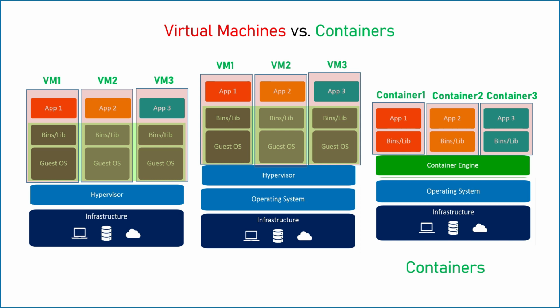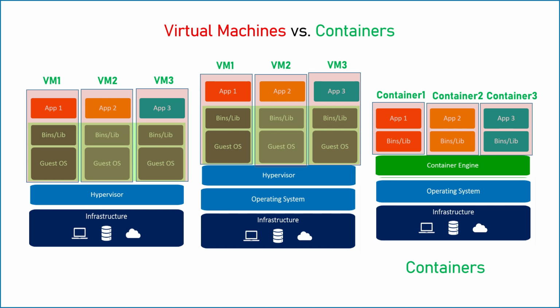The difference here in comparison with the virtual machine is that you don't have any mediator hypervisor for translating the hardware requirements from the virtual machine to your base infrastructure. We have a container engine, which is just software we install on the operating system, and with its help we reach the underlying infrastructure directly from the container. That means containers are also like a dedicated package, just like a virtual machine.